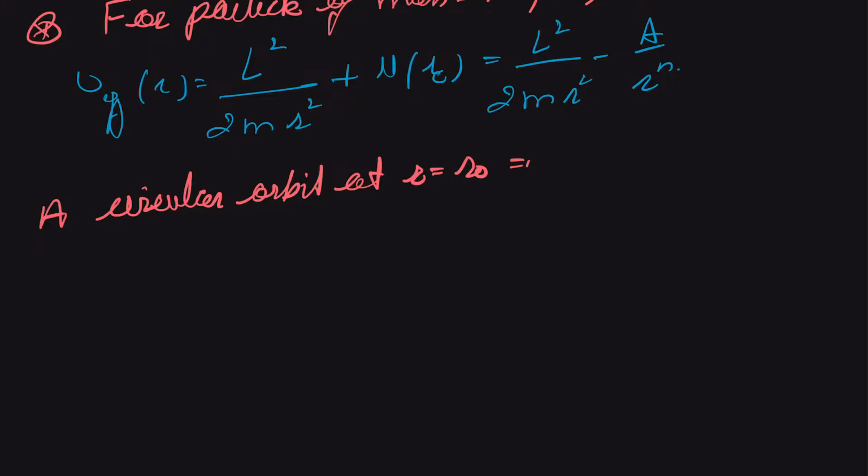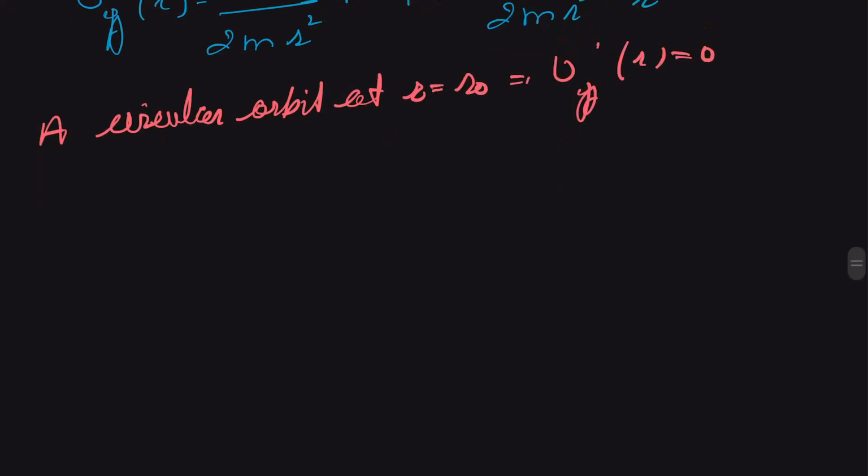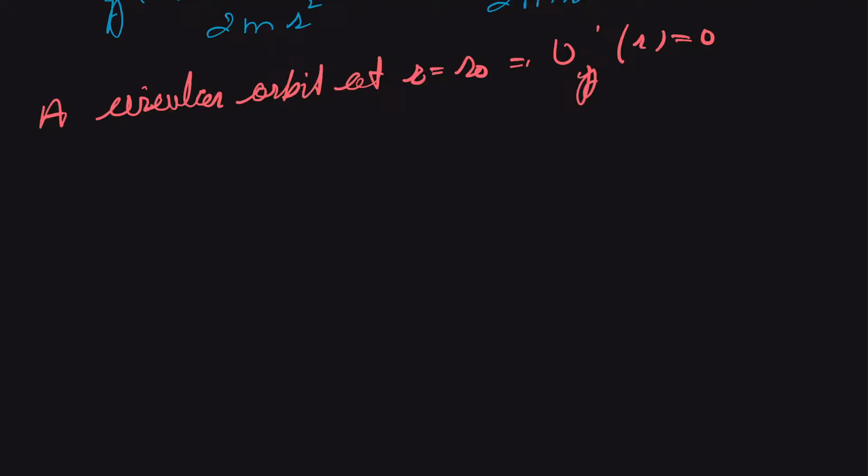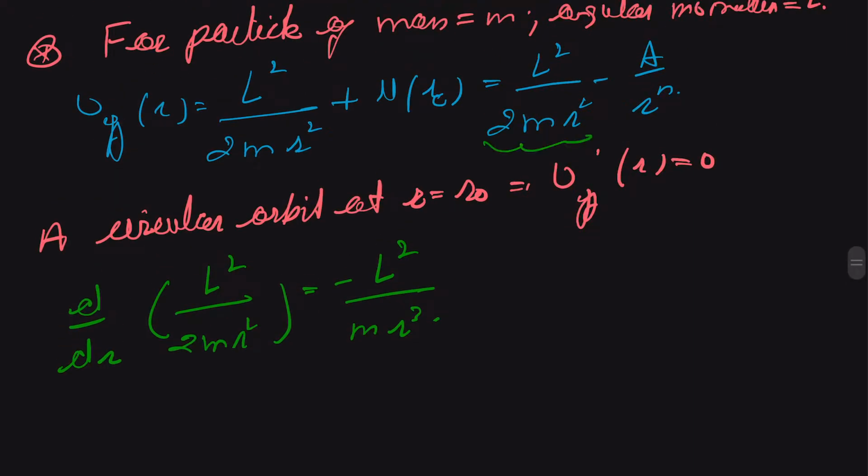So we can say that V effective prime will be equal to 0. Therefore, we can say that d of dr of L square upon 2m r square will be equal to minus L square upon m r cube. So this is the derivative of our first term.